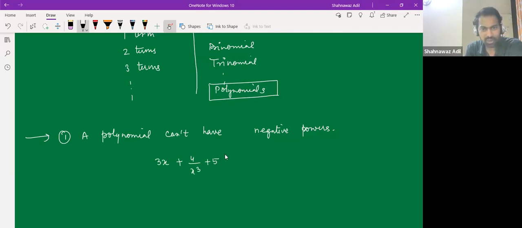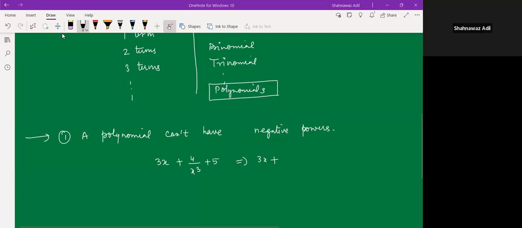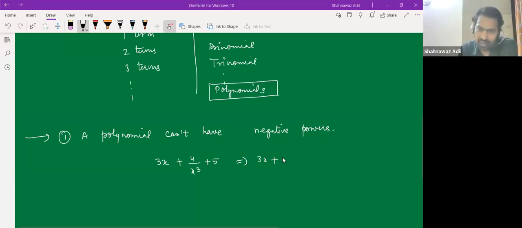This is a trinomial, but what is the power of this term here? It is in the denominator, so if we write it as x to the power -3 and +5, we have a negative power on the variable.